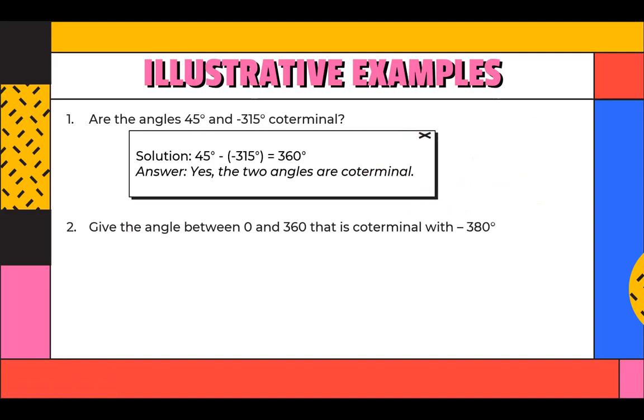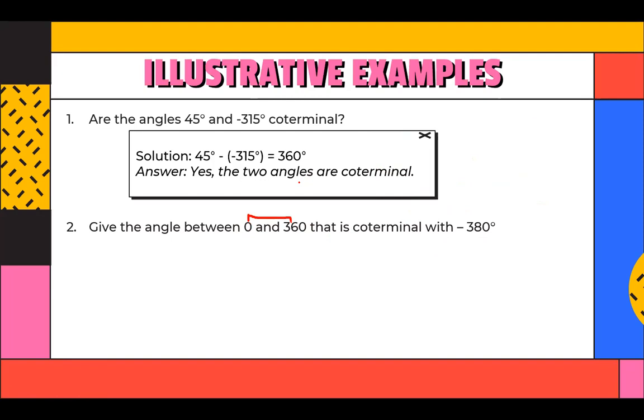Next, give the angle between 0 and 360 that is coterminal with negative 380. In order to find the coterminal angle for this, again, the angle measurement must be in between 0 and 360. So our angle measurements should be within that condition only.